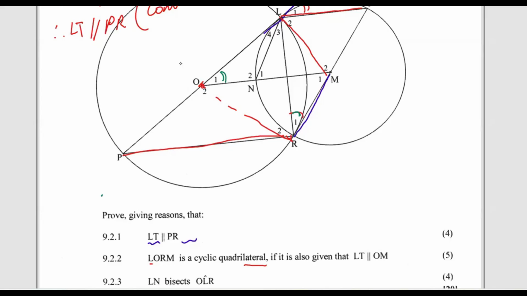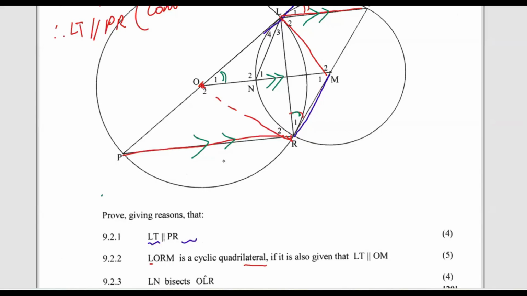So whichever one that I prove, I should be able to get that. I don't know why they're giving it 5 marks. They're telling us that this line LT is parallel to OM. So these lines are parallel. So if they are parallel, what do we see?